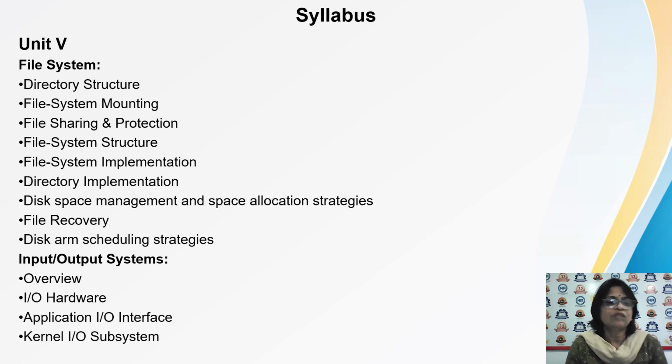The unit will also cover the basics of the IO hardware, how the IO services are provided by the operating system, and how these are incorporated in the application IO interface. So this is about the 5 units which will be covered in the whole syllabus of the operating system.